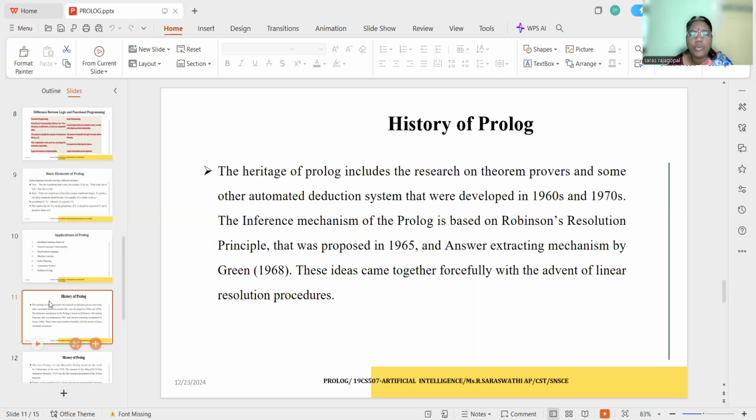History of Prolog. Prolog grew out of research on theorem provers and other automated deduction systems that were developed in the 1960s and 70s. The inference mechanism of Prolog is based on Robinson's resolution principle that was proposed in 1965, and the answer extraction mechanism by Green in 1968. These ideas came together forcefully with the advent of the linear resolution procedure.